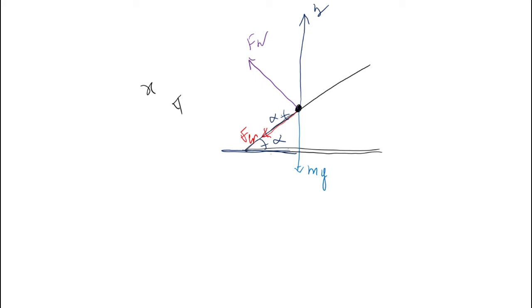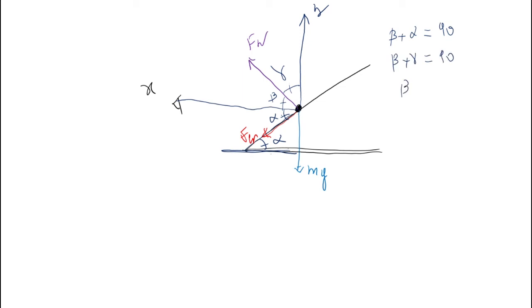So this is our x-axis. If this is alpha, I call this one beta. Beta plus alpha is 90 degrees. And I want to know what this angle is; I call it gamma. Now, x is perpendicular to y, which means beta plus gamma equals 90 degrees.